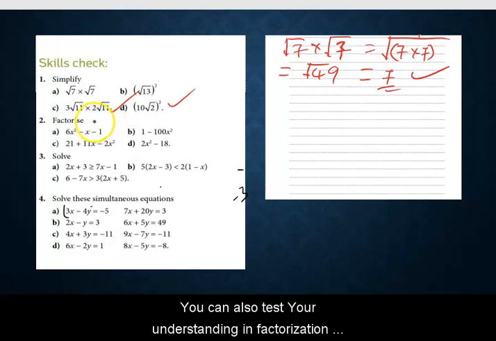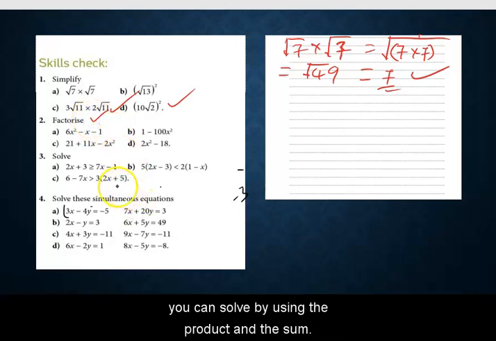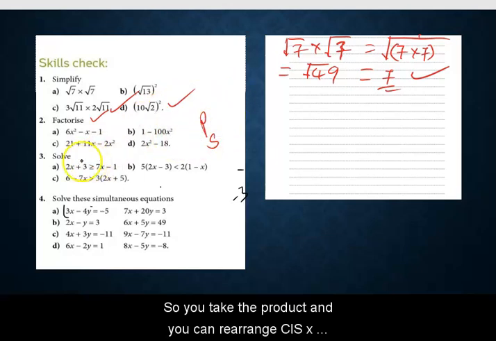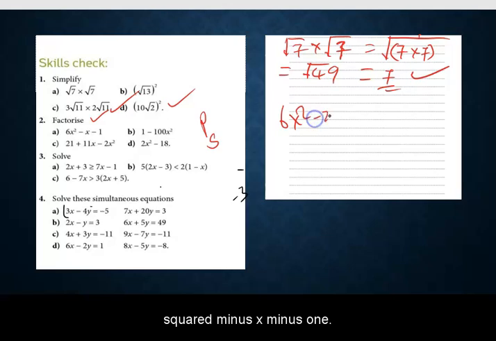You can also test your understanding in factorization. You can solve by using the product and the sum. So you take the product and you can rearrange 6x squared minus x minus 1.